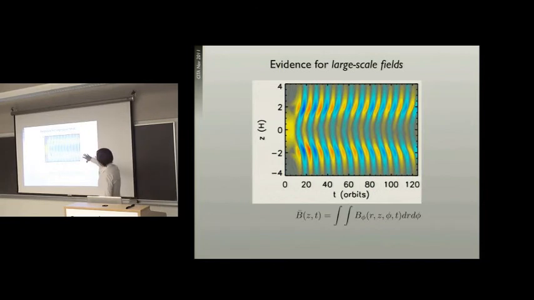So what you see is that we get here a sort of alternating pattern of magnetic fields, where some magnetic field is sort of seemingly forming in the midplane and it's then being ejected vertically out of the domain, being replaced by a field of the opposite sign, and that process is continuing. You can see this is in one of those large spatial domains. It's very uniform in that domain.